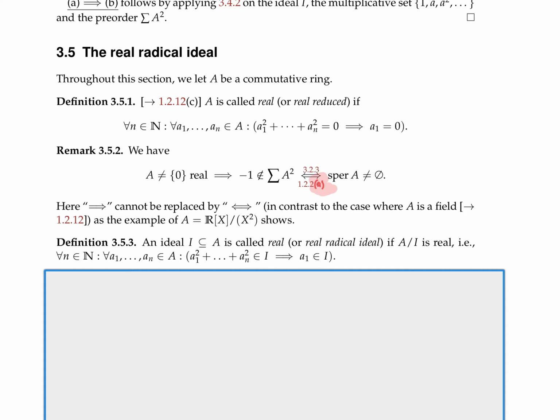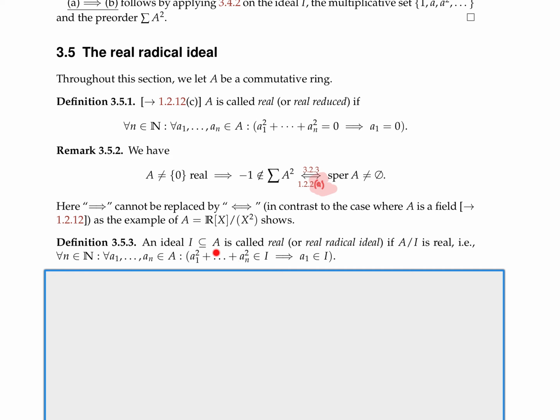Next definition. An ideal I in A is called real if A mod I is real. That means, I can write this a little bit easier, by saying that for all a1 up to an in A, if this sum of squares lies in I, then a1 lies in I, right? Because what does that mean for the residue classes of the ai?